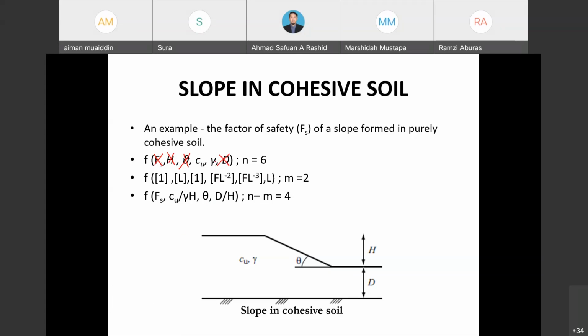However, the Cu and gamma, we cannot solve unless we use either H or D. Okay, so that is allowed.